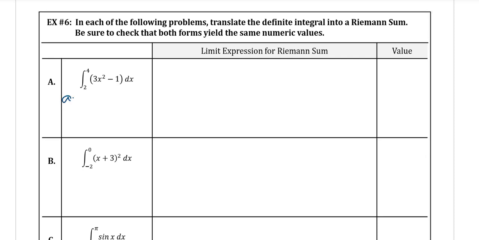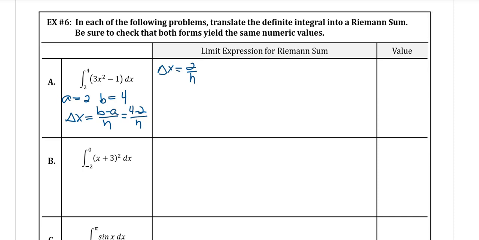From the definite integral, we can see that a is 2 and b is 4. So I can find my delta x, which is b minus a over n. So I'm going to have 4 minus 2 over n. So my delta x is going to be 2 over n.